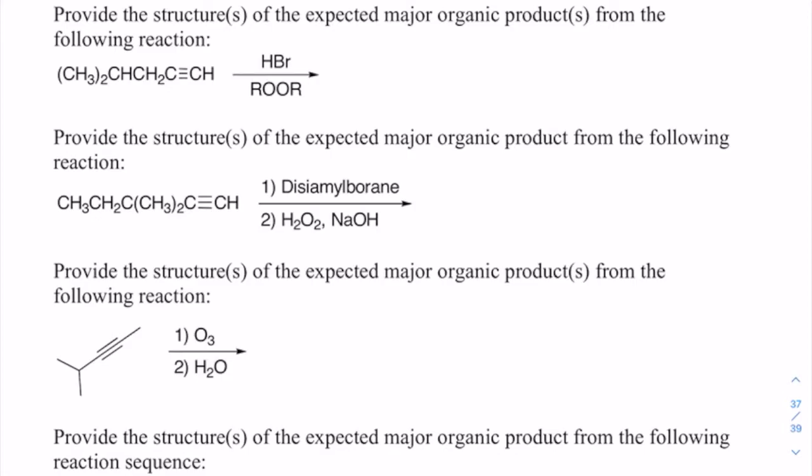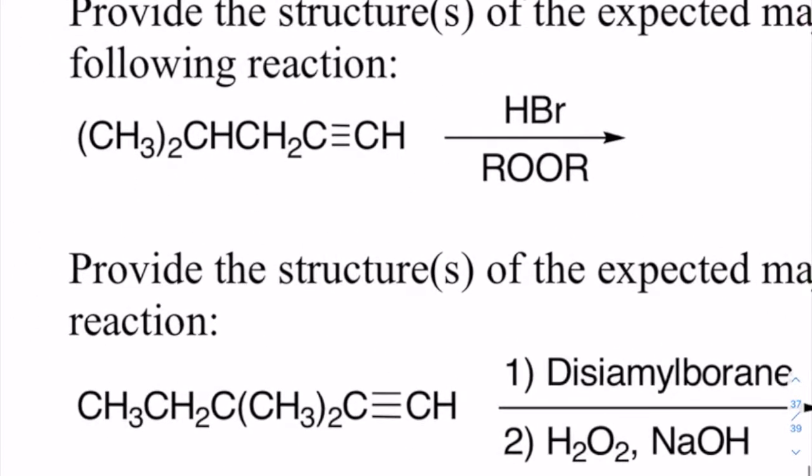So when we look at this molecule right here, starting with the molecule, we can see we have a triple bond. So when we do halogenation, we're going to reduce that triple bond to a double bond. So let's draw out the molecule. We got carbon 1, carbon 2, carbon 3, carbon 4, and then 2 methyl groups off of carbon 4.